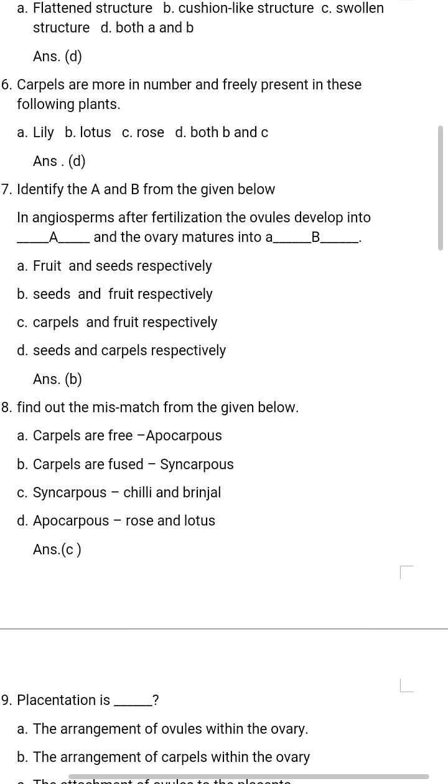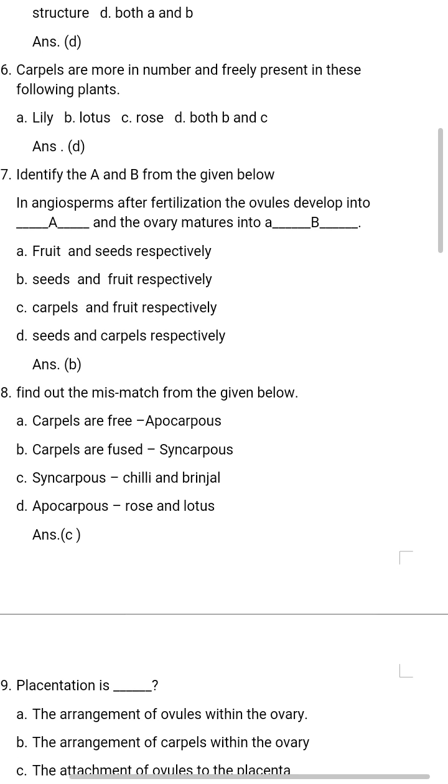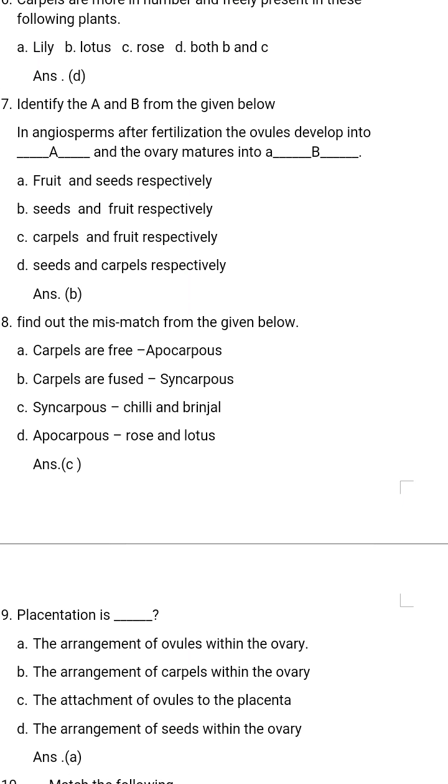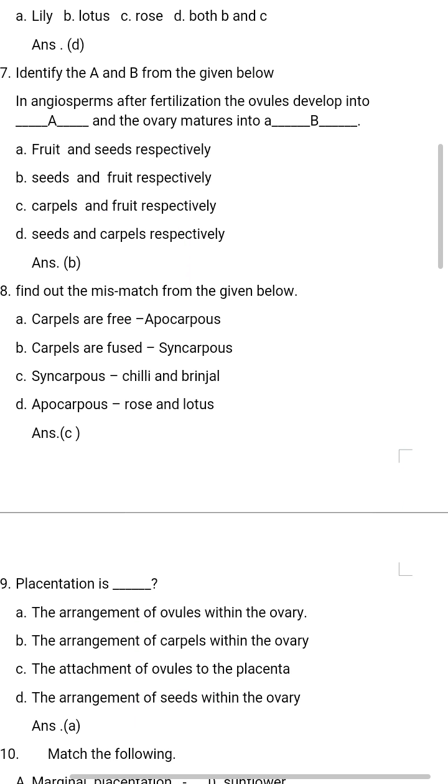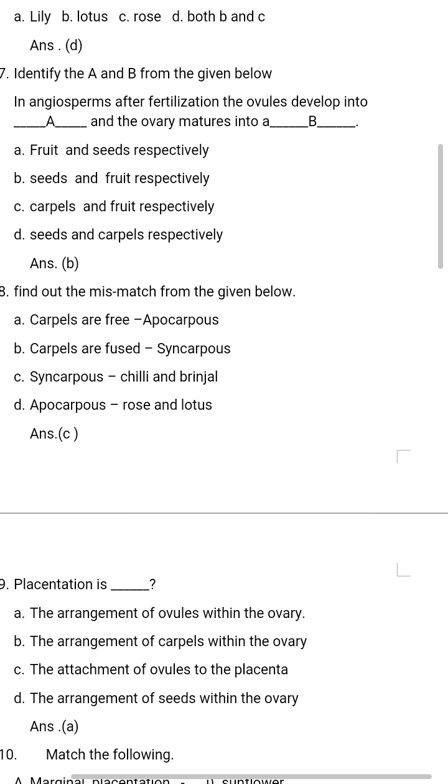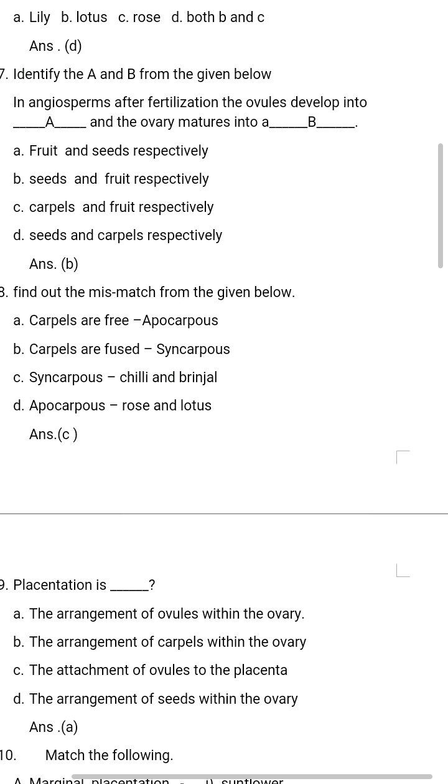In angiosperms, after fertilization, the ovules develop into dash and the ovary matures into dash. Now let us see what is A, what is B from the given options. Option A, fruit and seeds respectively. Seeds and fruit respectively. Carpels and fruit respectively. Seeds and carpels respectively.